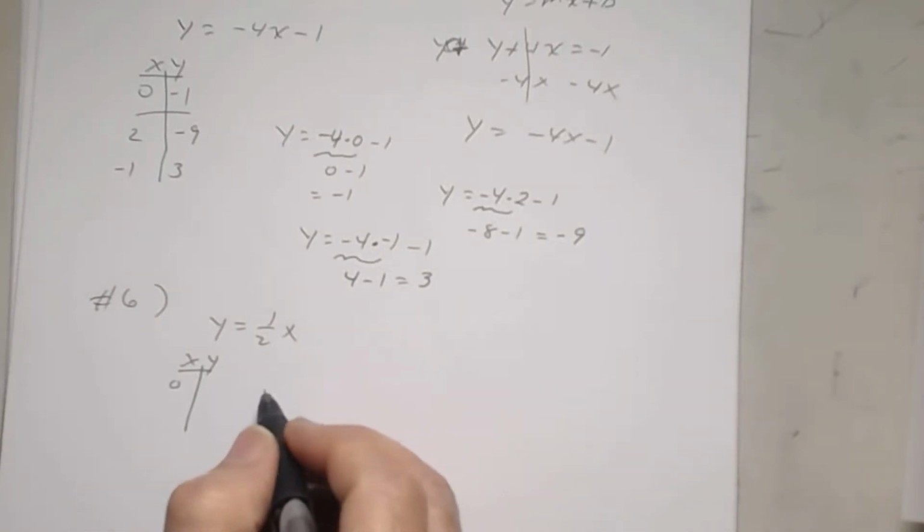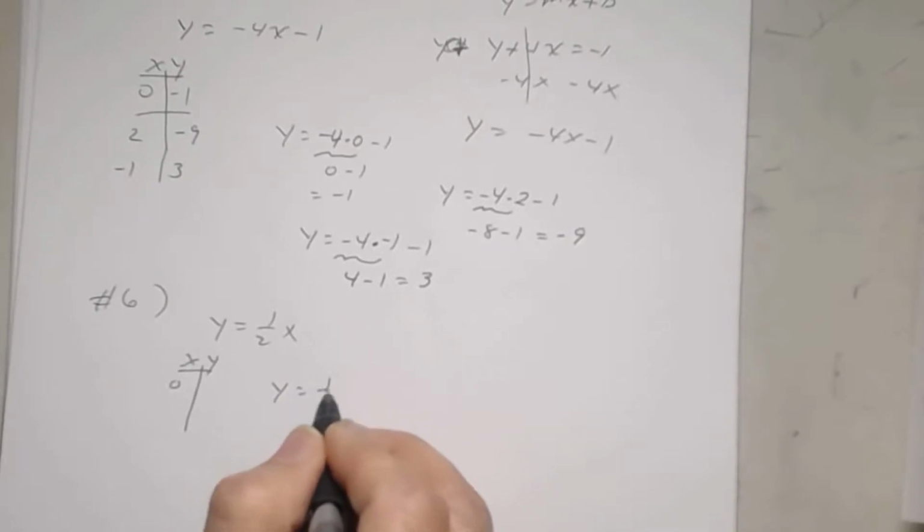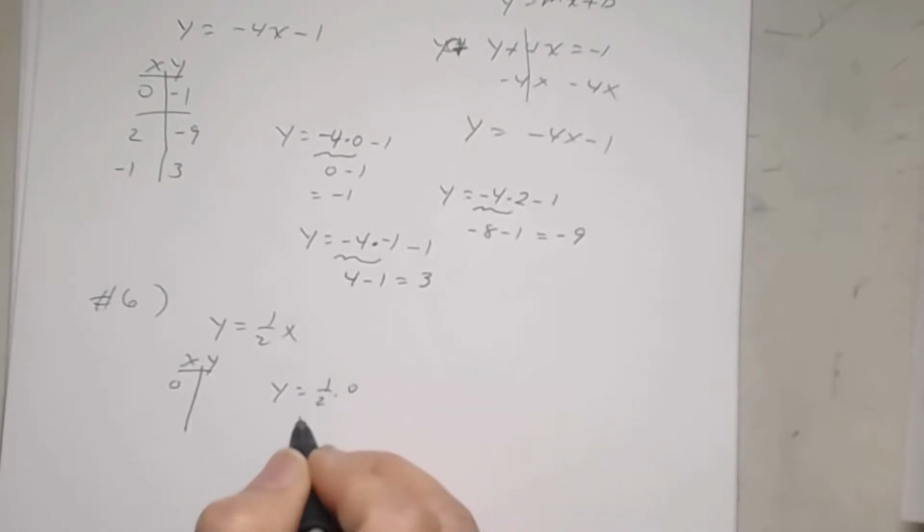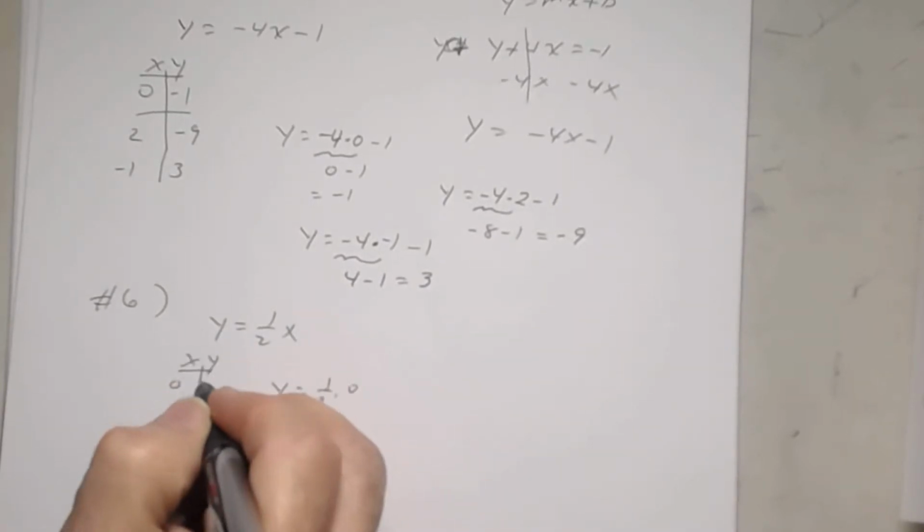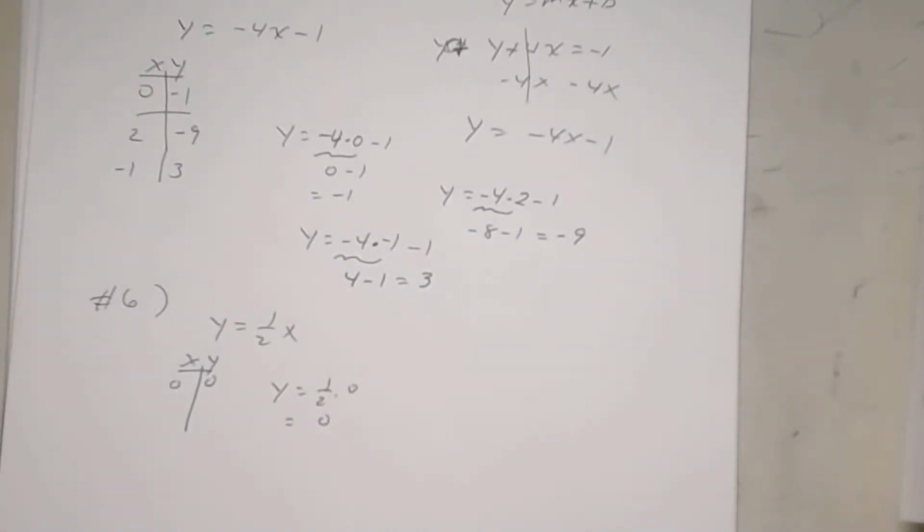So I plug in 0 for x. So I got y equals 1/2 times 0. What's 1/2 times 0? 0. So my y coordinate is 0. Do you remember what the ordered pair 0, 0 is in the plane? It's the origin. And so when she said the y-intercept is 0, you're going to see when we graph it, it crosses the y-axis at 0, meaning the origin.